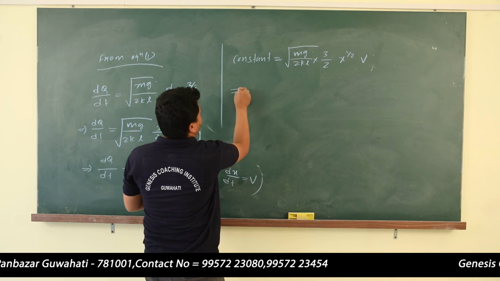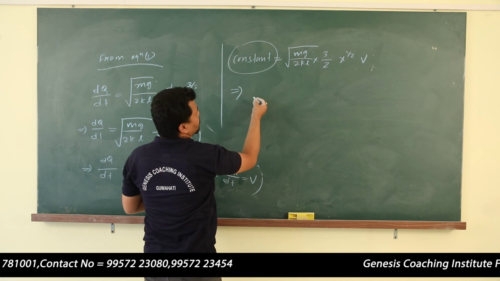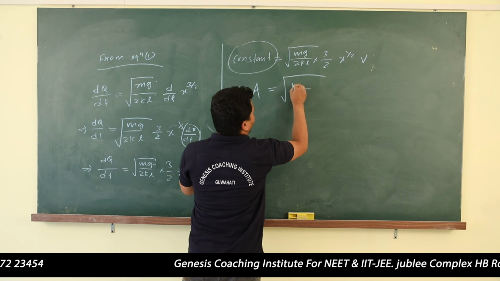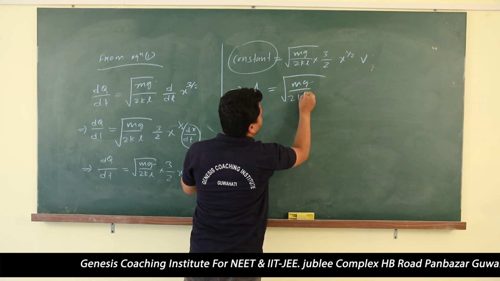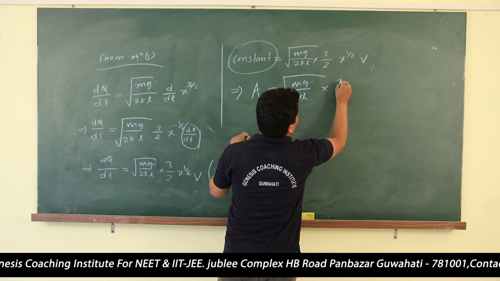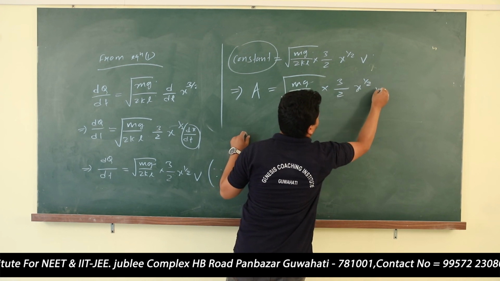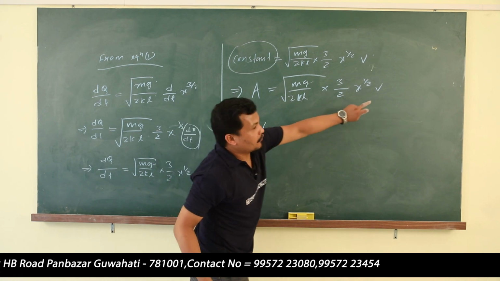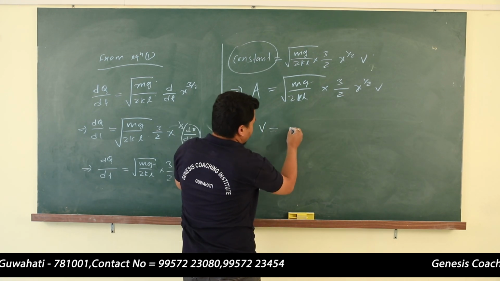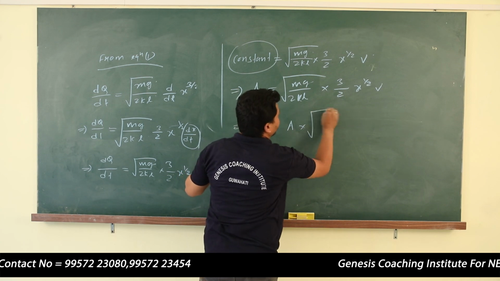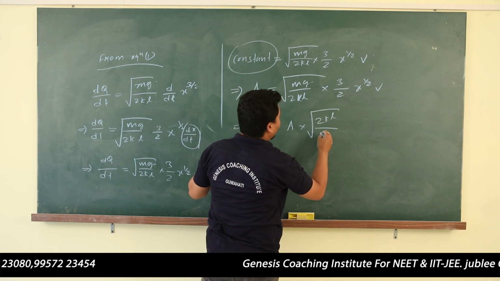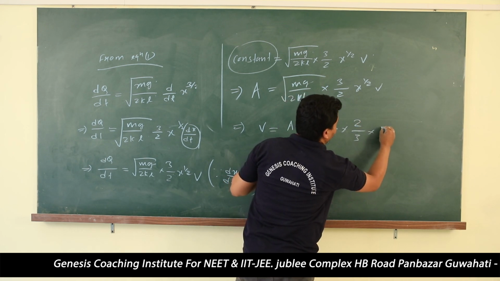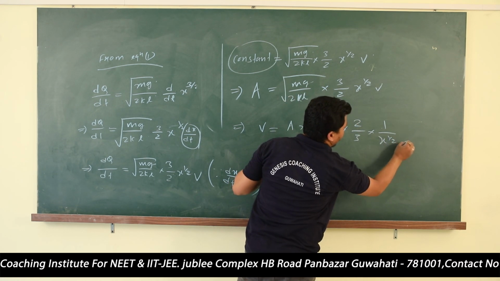Suppose this constant equals capital A. Now v, the velocity, equals constant A into root over 2kL by mg into 2 by 3 into 1 by x to the power half.